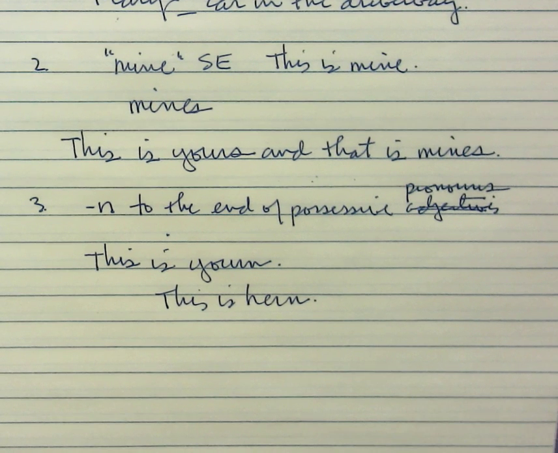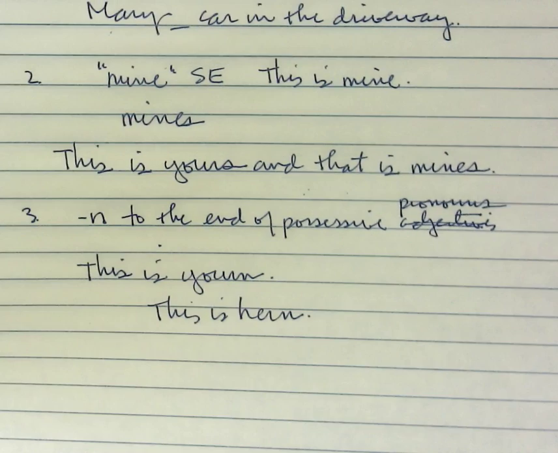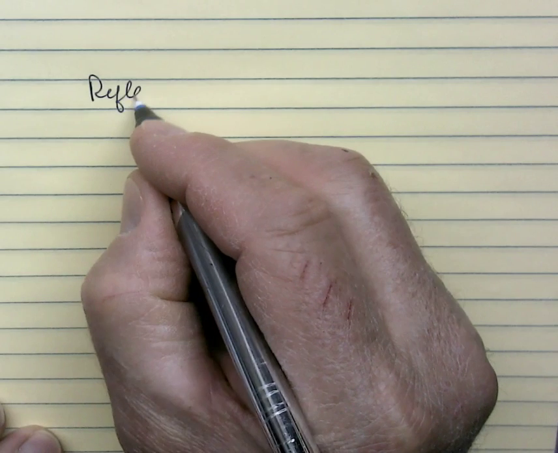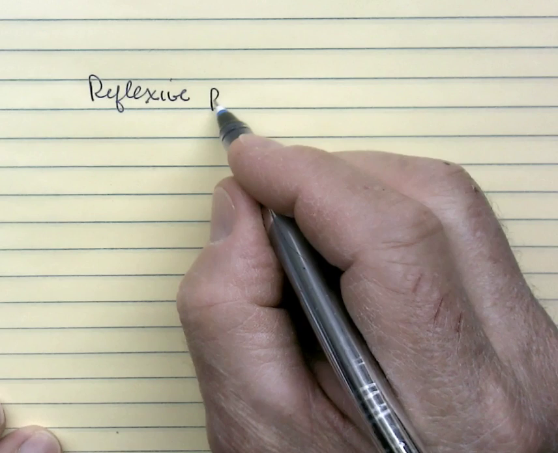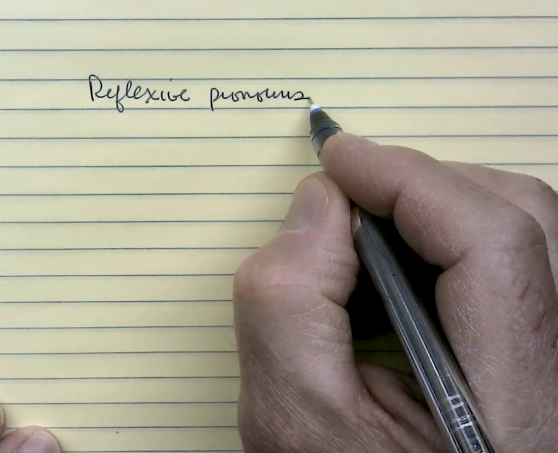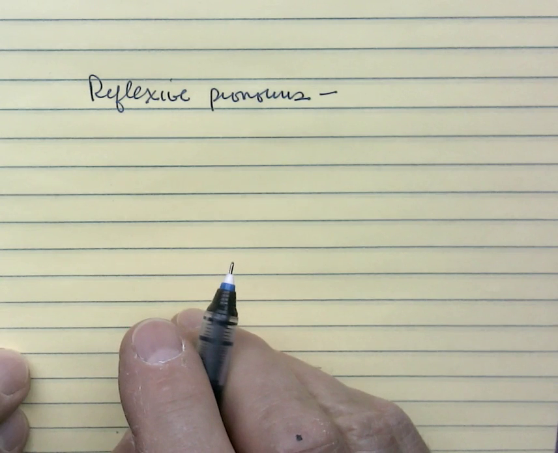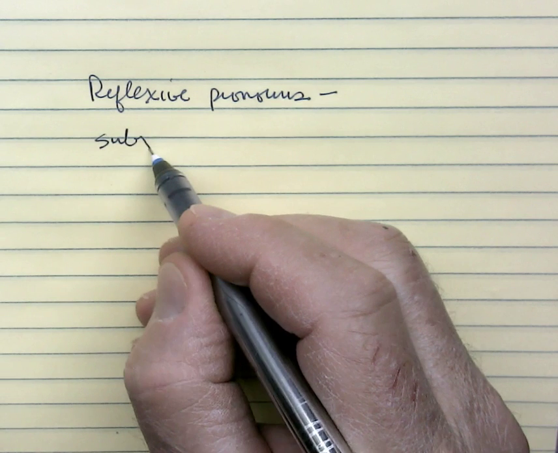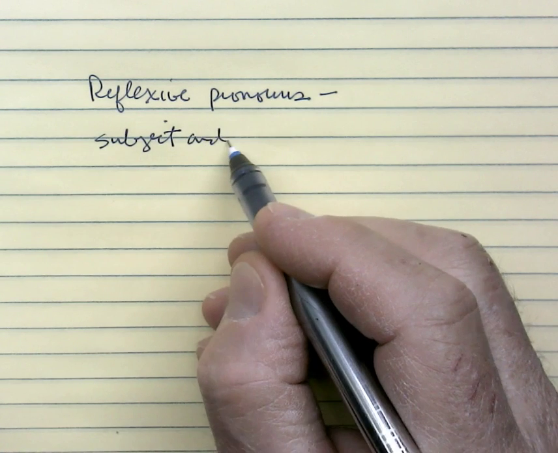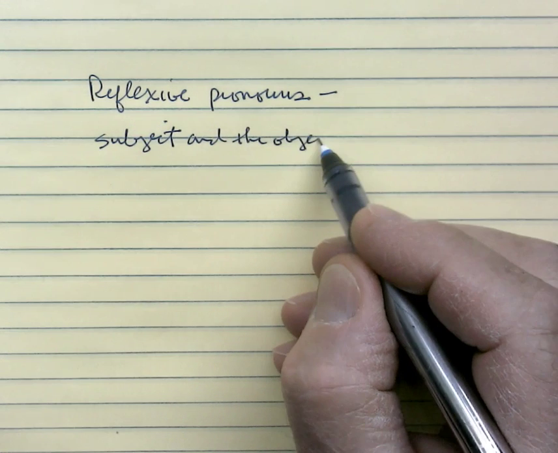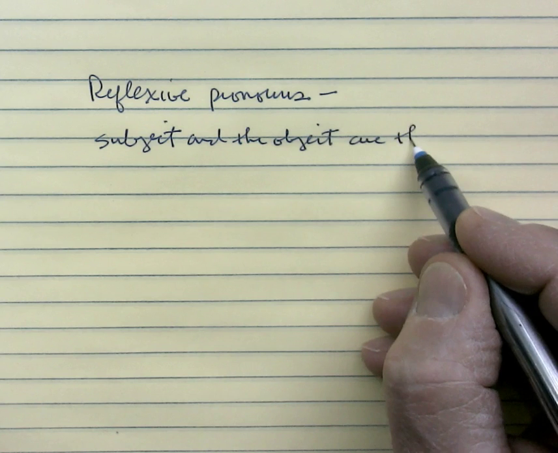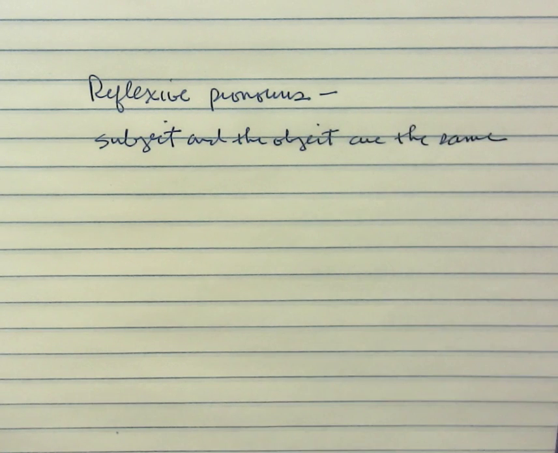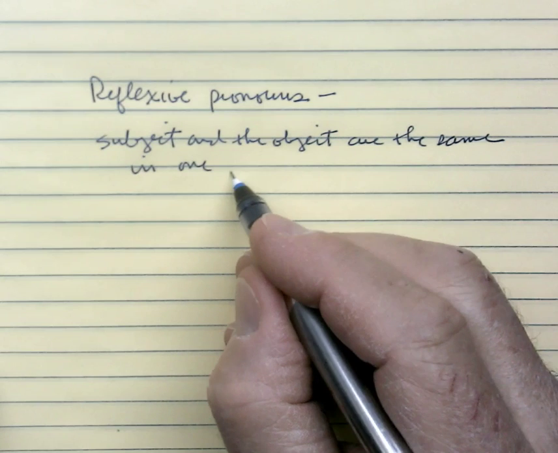So let's continue. Now there's other kinds of pronouns in English, and Standard English uses a kind of pronoun called reflexive pronouns. And reflexive pronouns have a special use. You use a reflexive pronoun when the subject and the object are the same in one sentence.